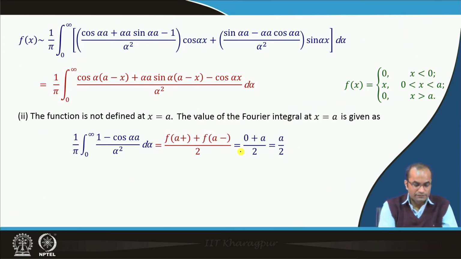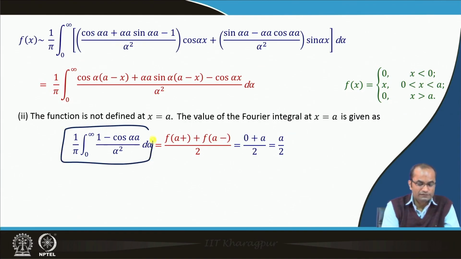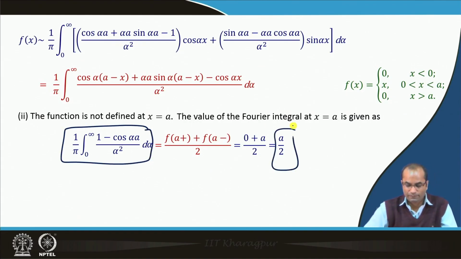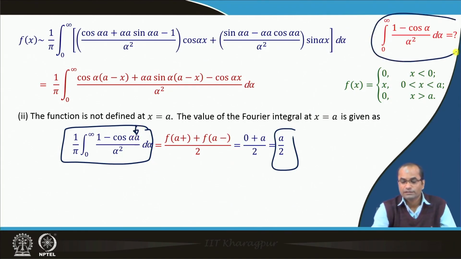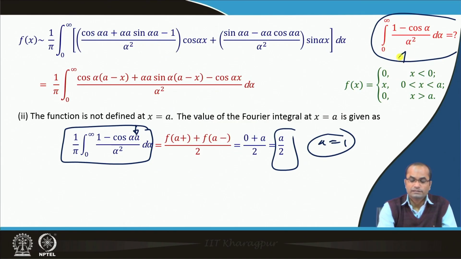So, we have here that the value of this integral is a by 2 for any a, and we want to get the value of the integral of (1 minus cos alpha) over alpha square d alpha, and then we can notice that if we put a equal to 1 there, we are exactly getting this integral which was asked in the question.